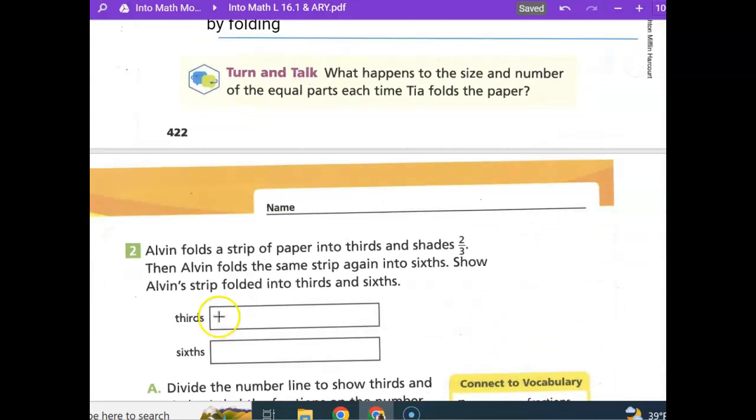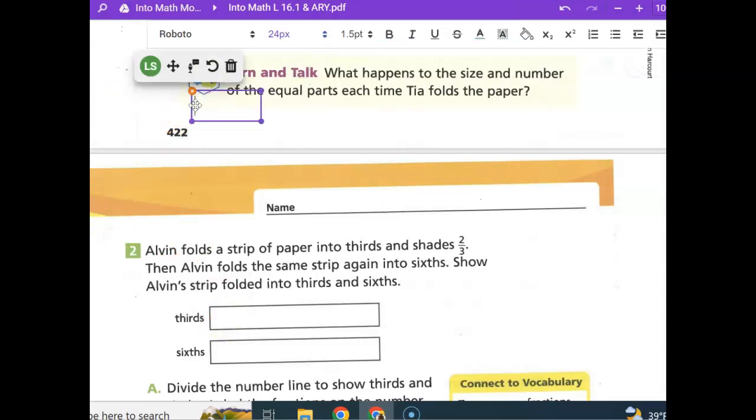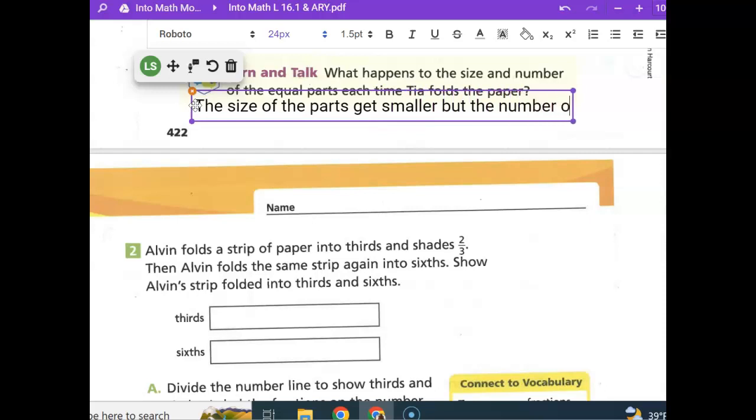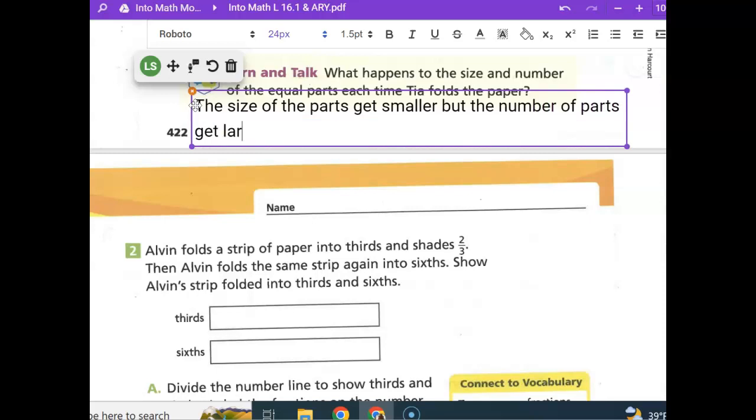So it says, what happens to the size and number of the parts as you fold? Well, when we fold our paper, the size of the parts get smaller, but the number of parts get larger.